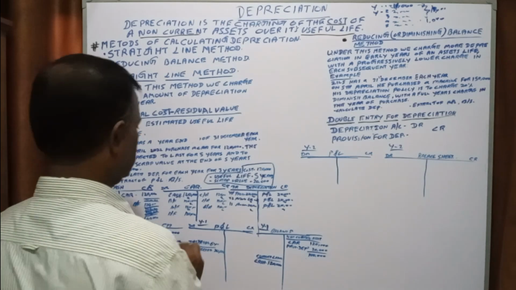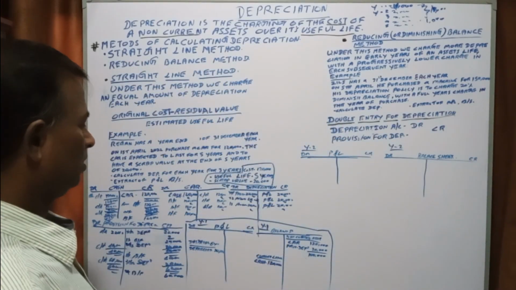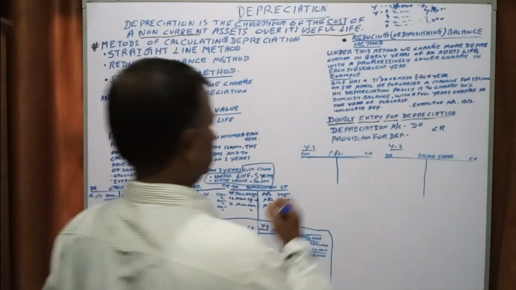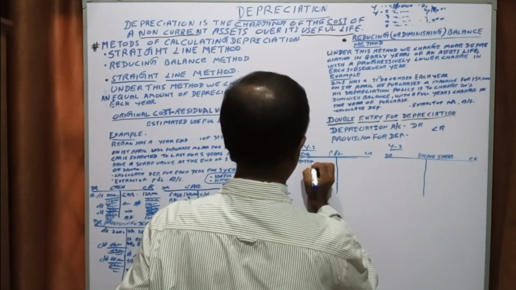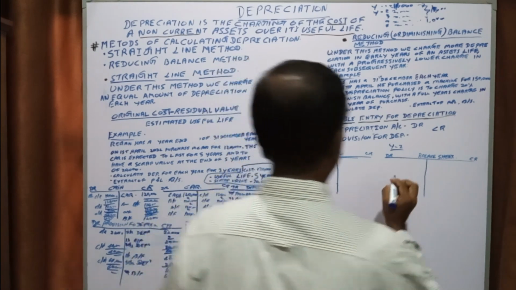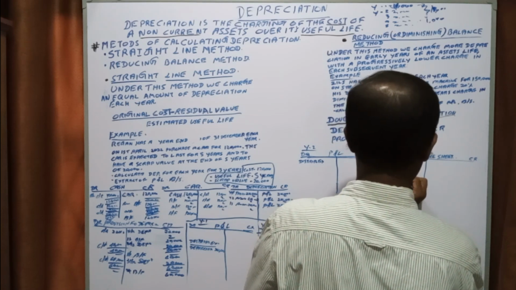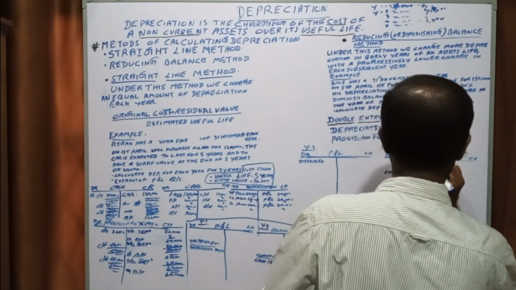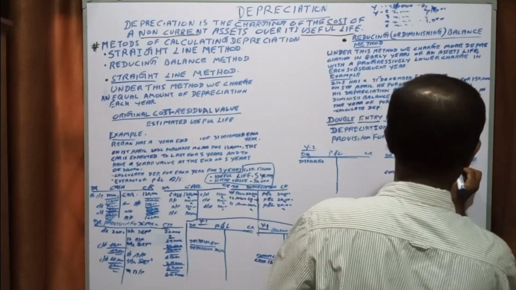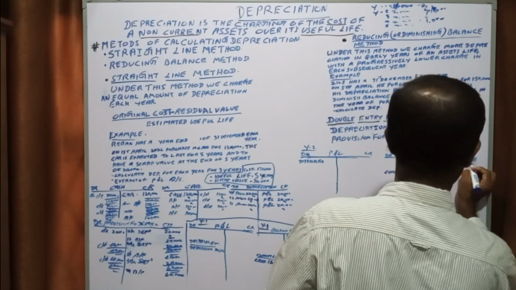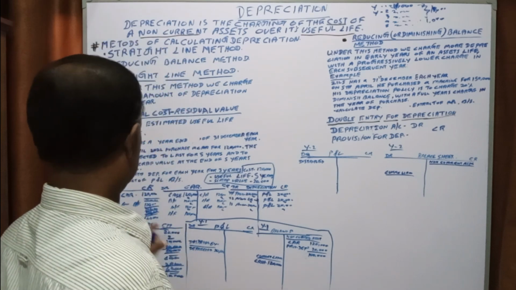In year 2 you will say distribution expenses here, current liability here, and non-current assets here, right?